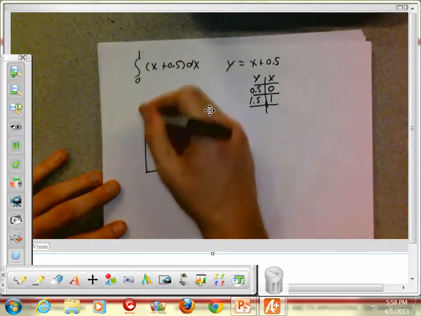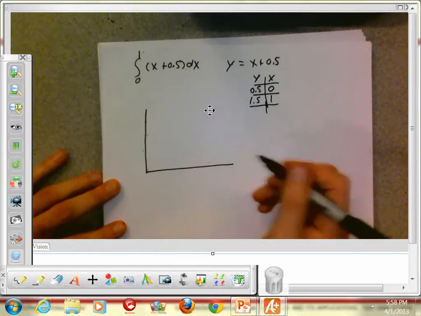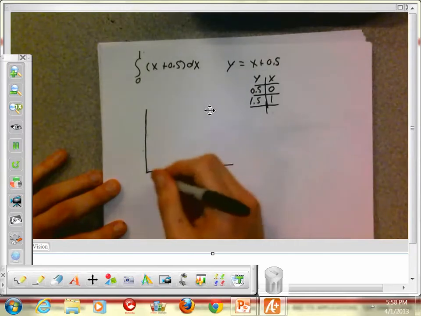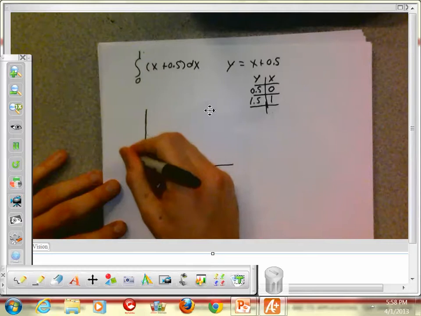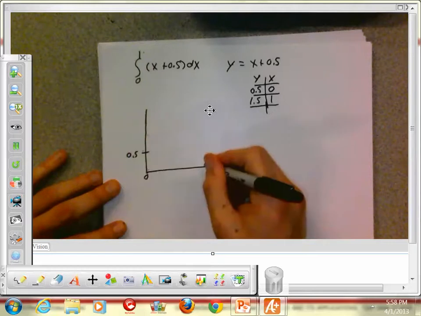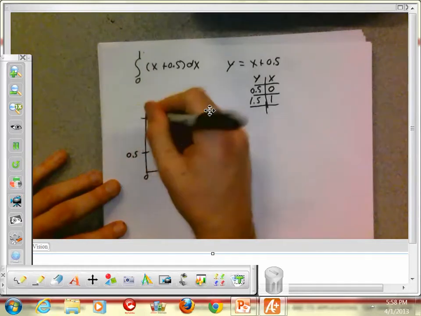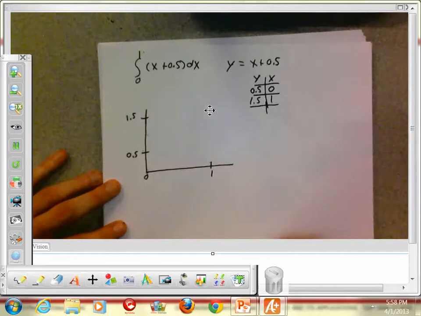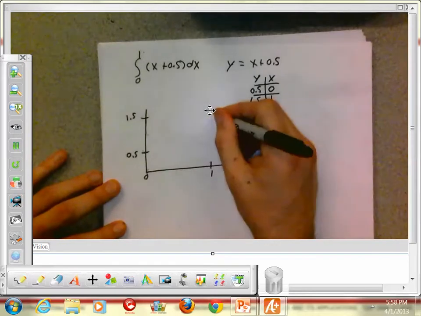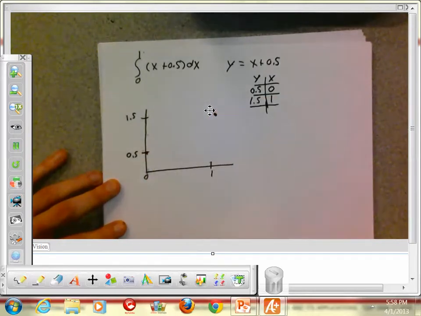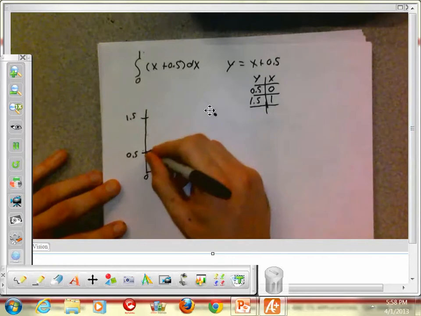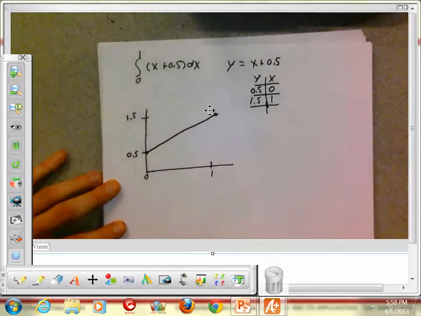So when x was 0, y was 0.5, and when x was 1, y was 1.5. So this point over here and this point over here, and someone in the class said it was a straight line. They're correct, so we just connect those 2 points by a straight line to graph it.